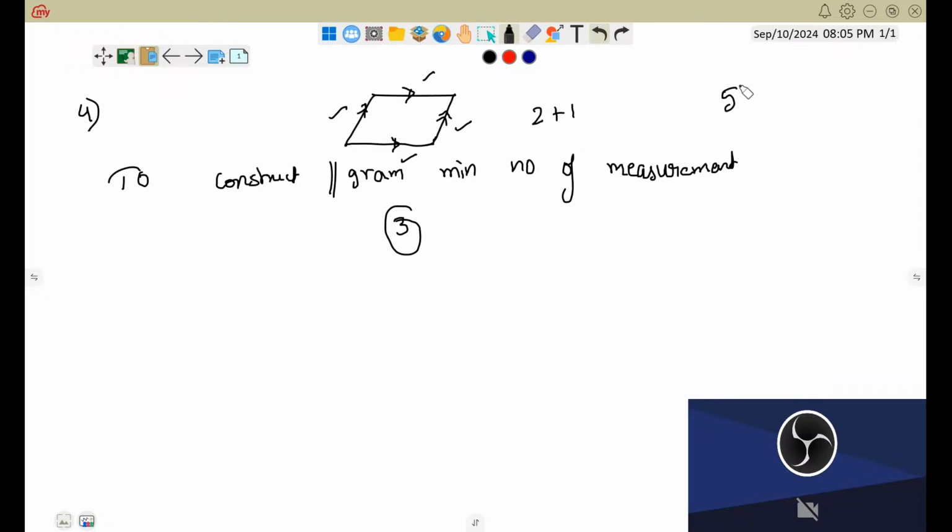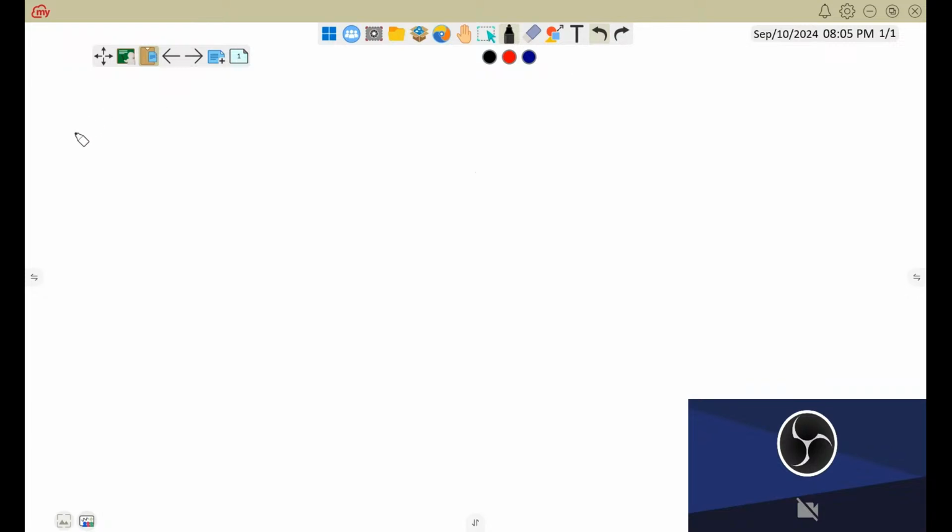Right, coming to the next one. So the next question, the fifth one, is the minimum number of dimensions needed to construct a rectangle. See, dimensions and measurements are both the same.